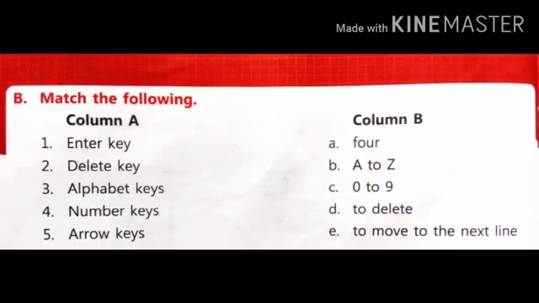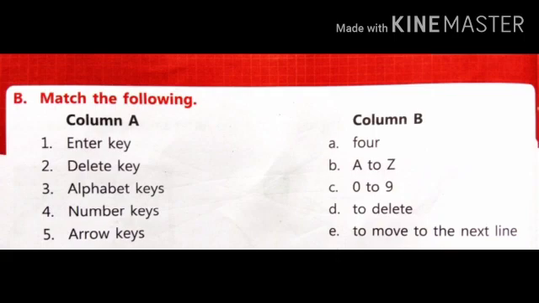Now B number. Match the following. Here you can see there are 2 columns. Column A and column B. In column A, the items are enter key, delete key, alphabet keys, number keys and arrow keys.